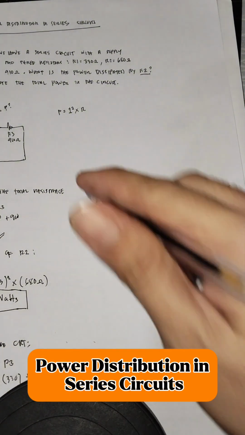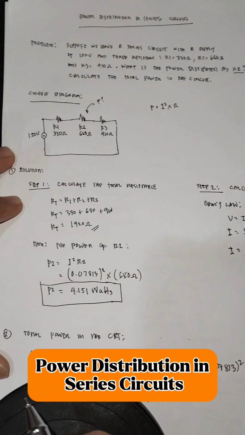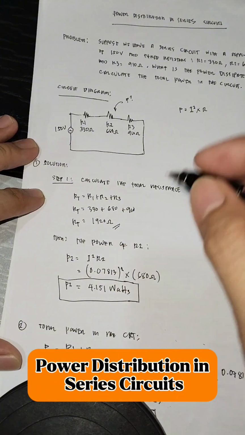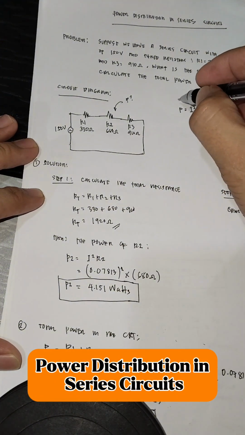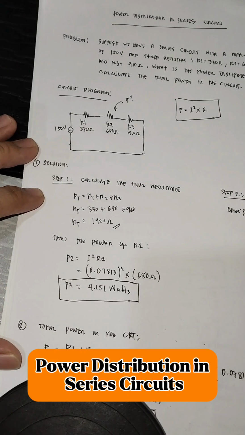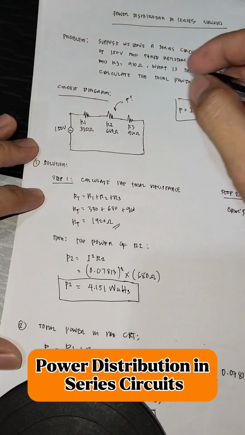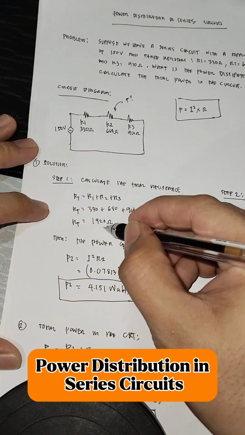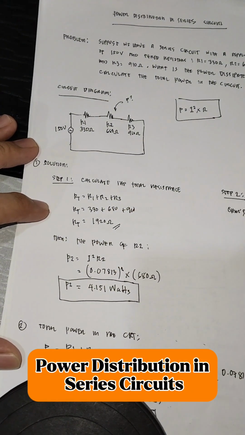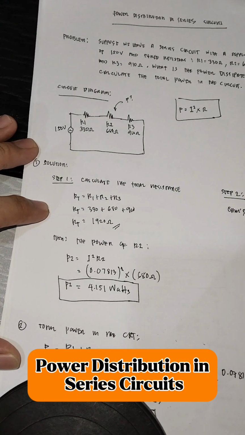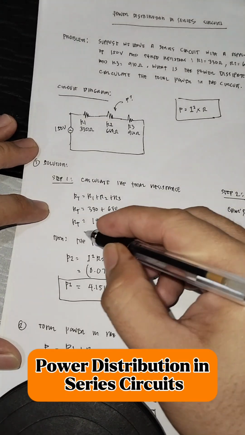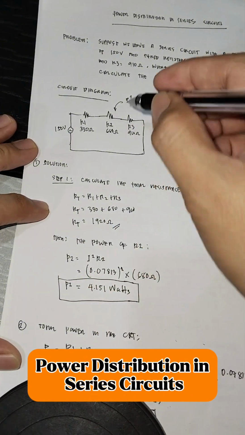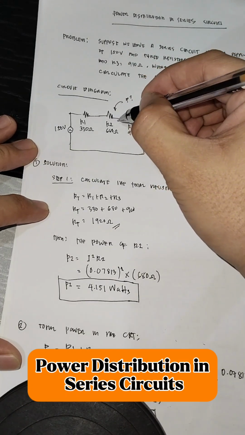And then to get the power on the R2 resistor, we have this formula: power in terms of current and resistance. We have the current of 78.1 milliamperes, so with this we can now compute the value of P2 here.